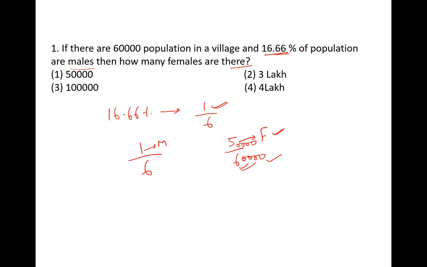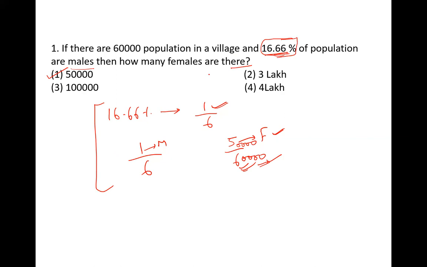We'll multiply 10,000 to numerator and denominator also. So 50,000 females out of 60,000 total population. So option number 1 is correct. Very good, easy to understand. Okay, so we can do it orally if you remember the fraction value, we can do it easily.